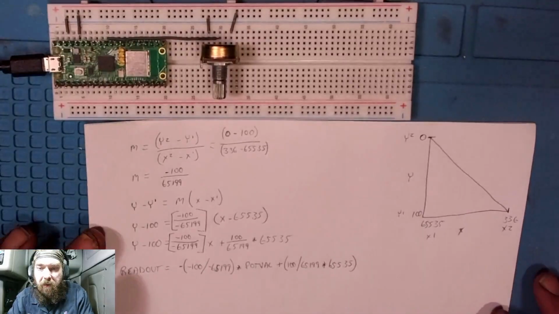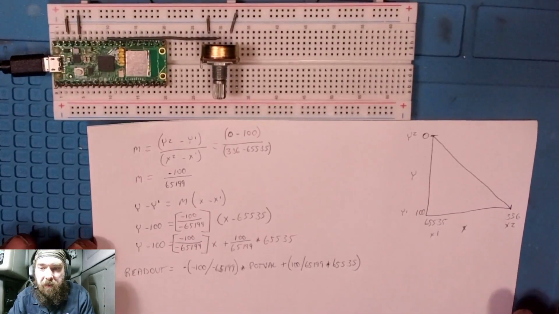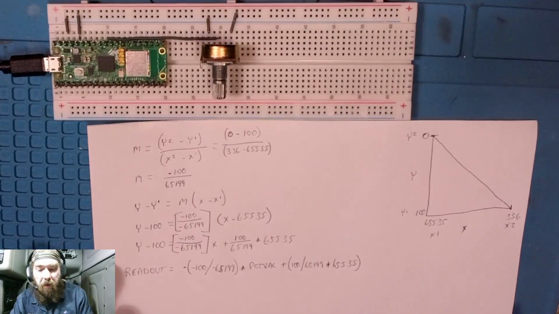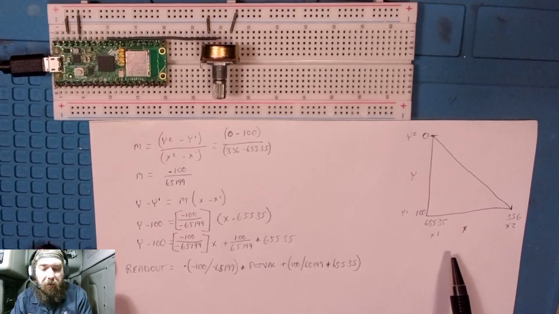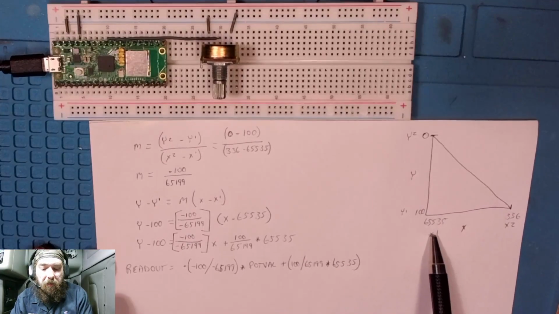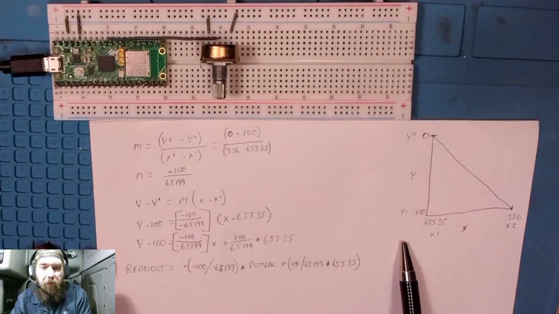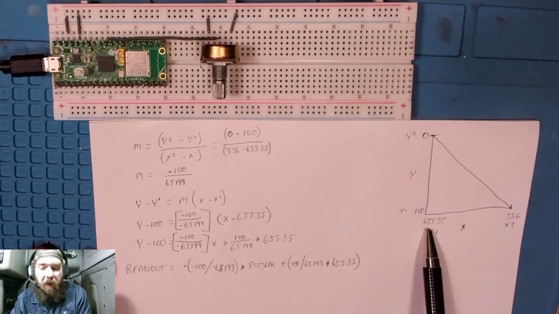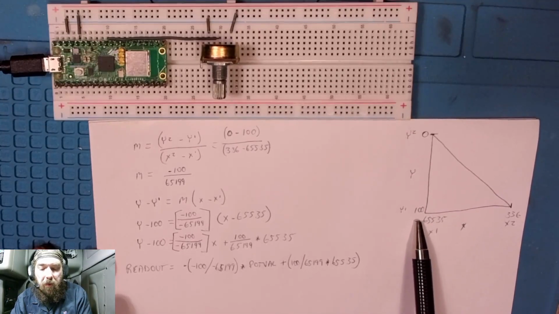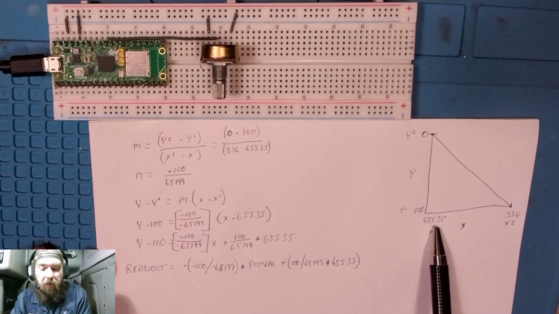And this is the math here. Over here is a little graph where I've already read these values. We'll double check them. I just wrote it out. At their lowest point, which is the highest part of the pot, highest number, we want to be at the 100, or which is actually the lowest.